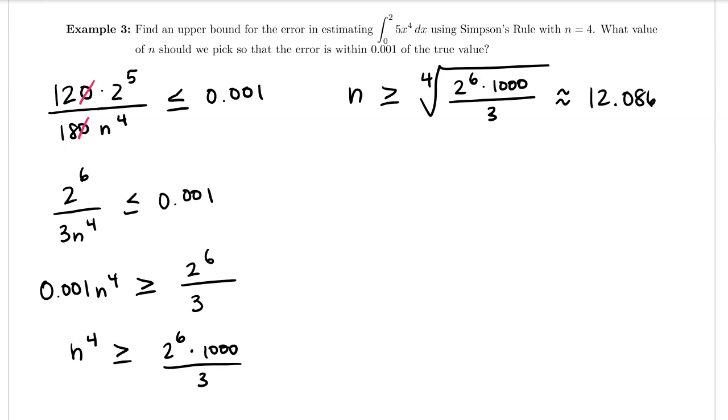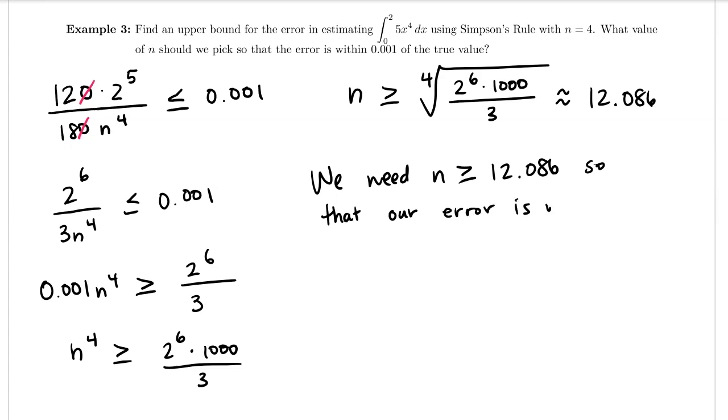12.086. So let's write a sentence. We need n to be greater than or equal to 12.086 so that our error is within 0.001 of the true value.